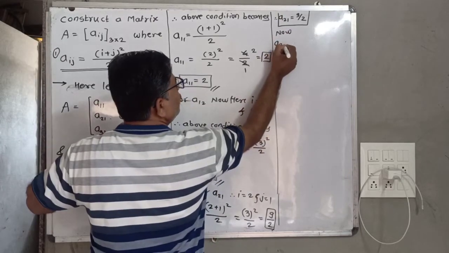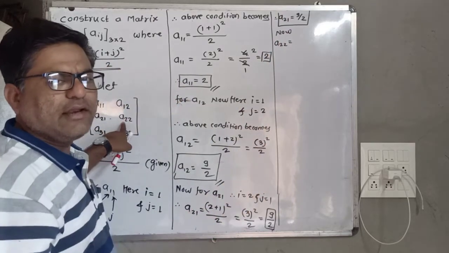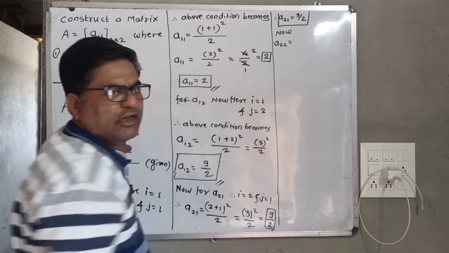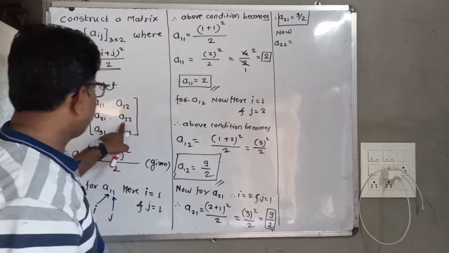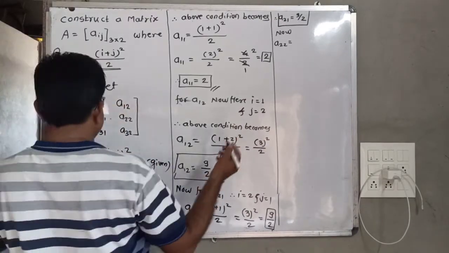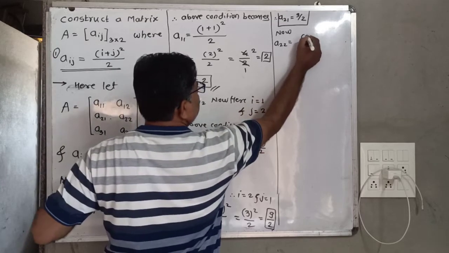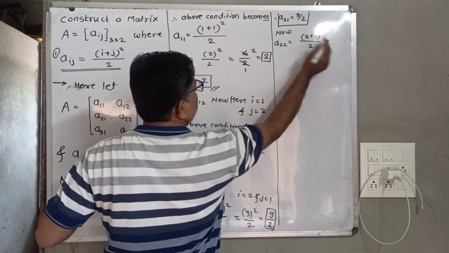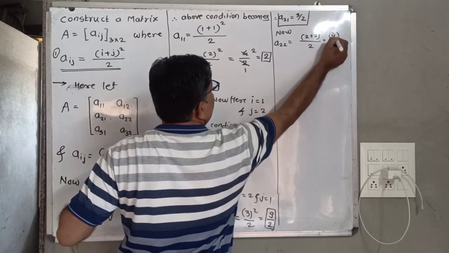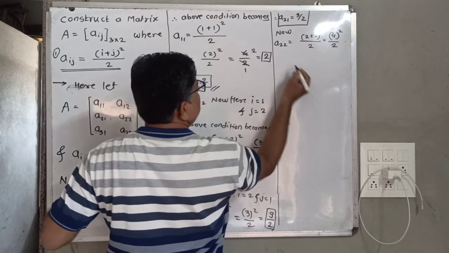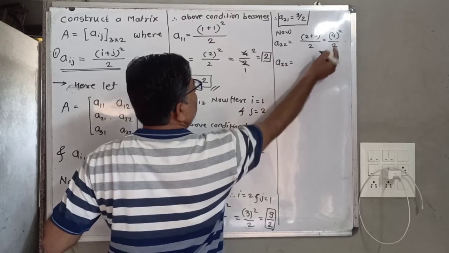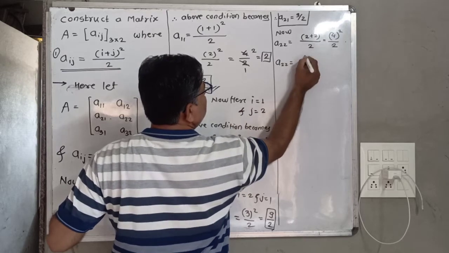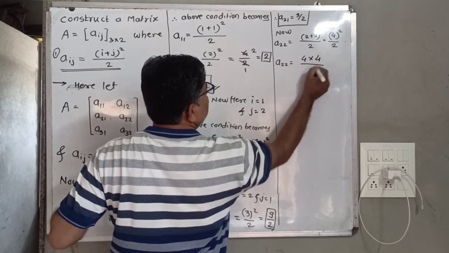Now A22. No need to write the value of i and j here. We know the value of i is 2 and the value of j is 2. You can solve directly. Therefore, put down A22 equal to 2 plus 2 bracket square divided by 2. 2 plus 2 is 4, bracket square divided by 2. 4 square is nothing but 16, or you can solve this as 4 multiplied by 4 divided by 2.